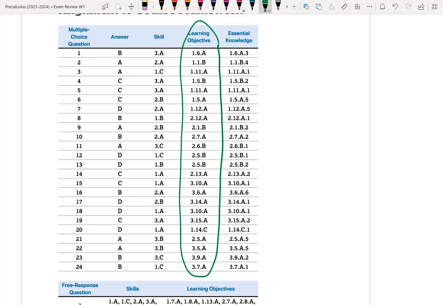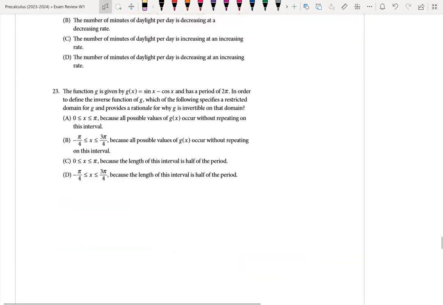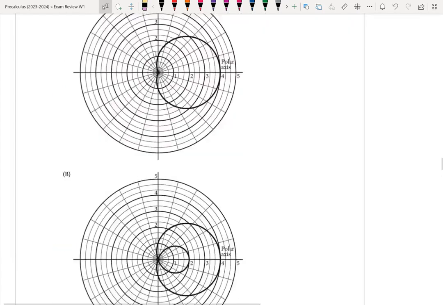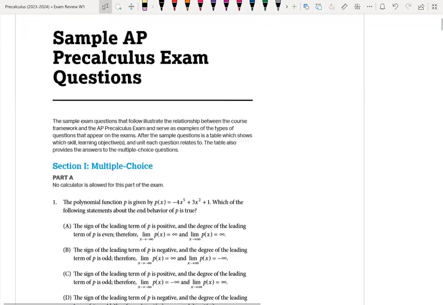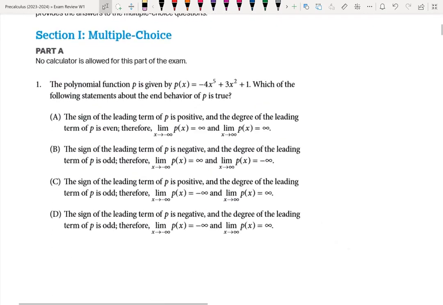So, again, we're going to go to question 1, which is in 1.6. As you're going through these on your own, you can pull up those notes, go to that location, and see what you can do with it.